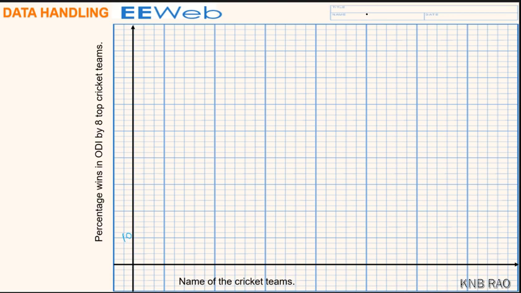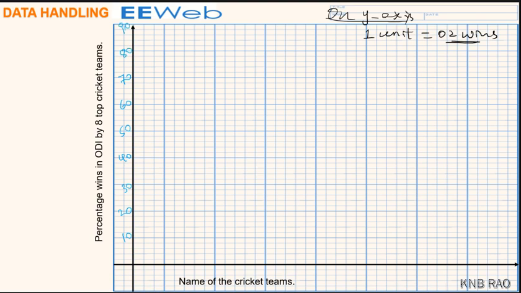So the scale for me on the y-axis: 1 unit equals 2 matches. Okay, 2 wins will become 2 matches as 1. Then continuing further, the 5 divisions I am naming as 20, 30, 40, 50, 60, 70, 80, 90.